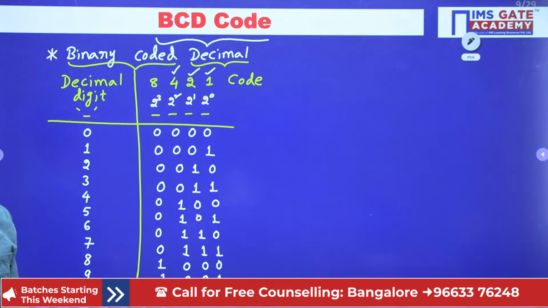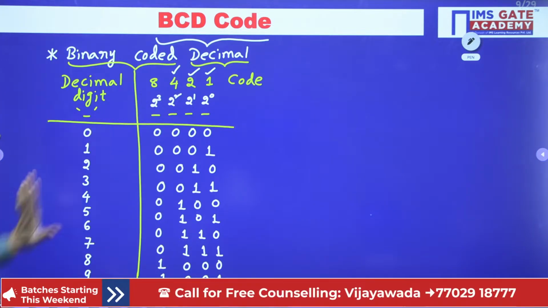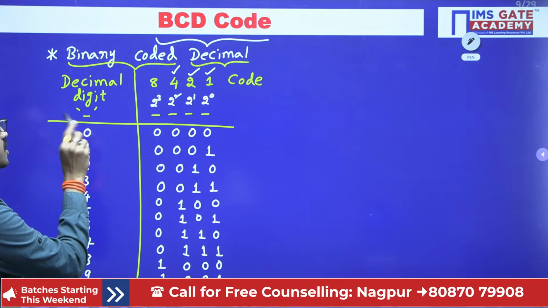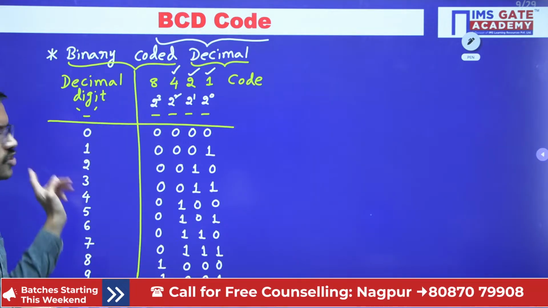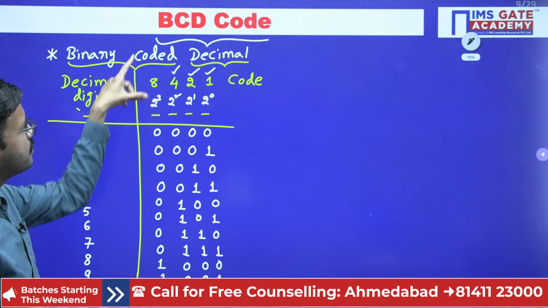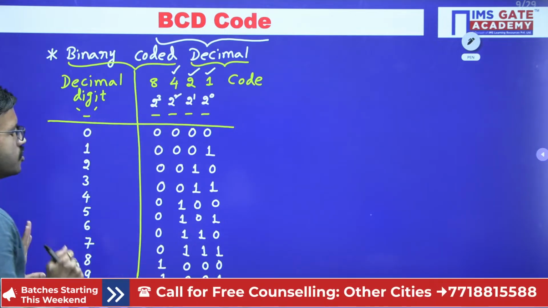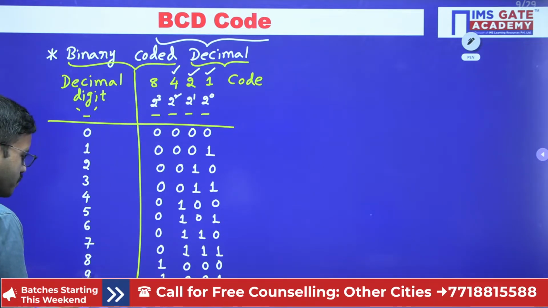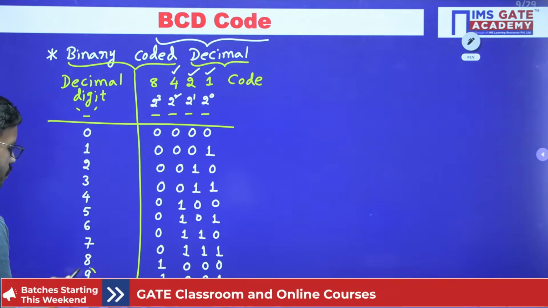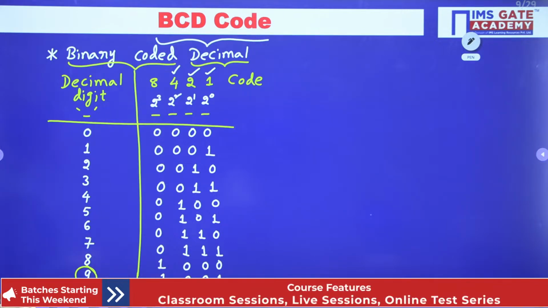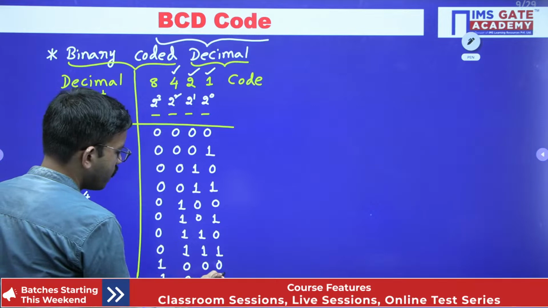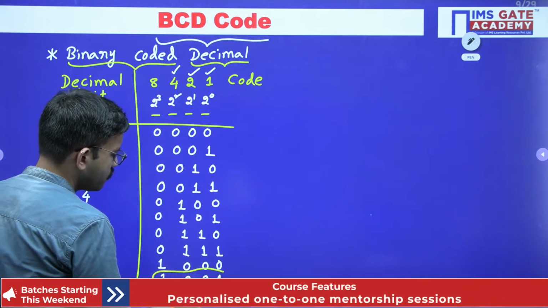Since we have 10 decimal digits, for a particular decimal digit 10 possible values are there, so you will get the corresponding combination in the BCD. That's all. If you observe, when you have a single decimal digit, the maximum value that you can represent is 9.